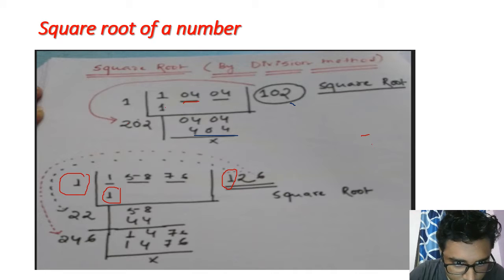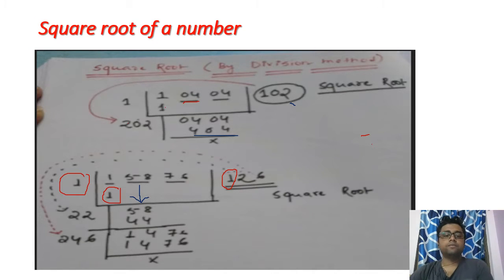Okay, now we bring down 58 here, and write 1 cross 2, that is double the number here.